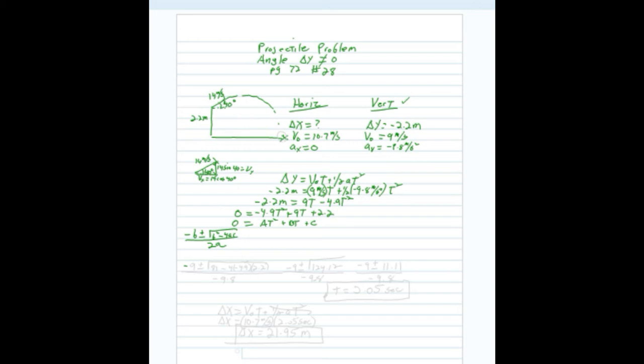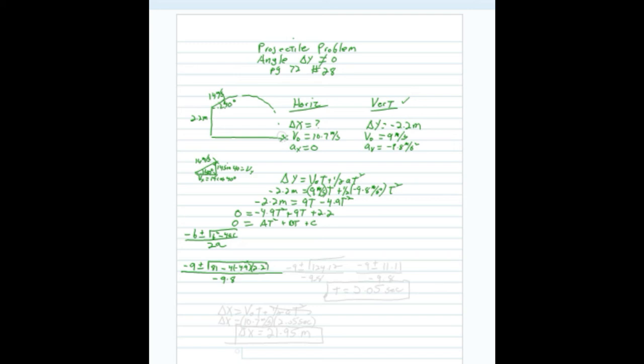Negative b is negative 9 plus or minus the square root of 9 squared, which is 81, minus 4 times a, which is negative 4.9, times c, which is 2.2, and the whole thing is over 2 times a, which is negative 9.8.